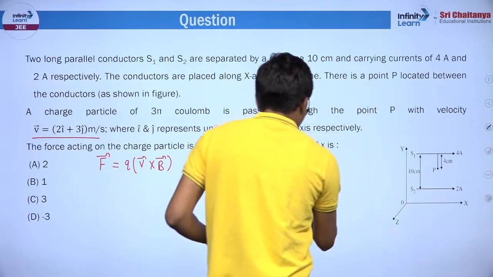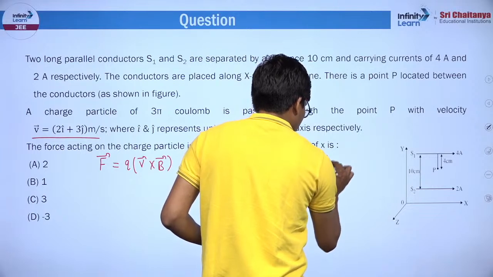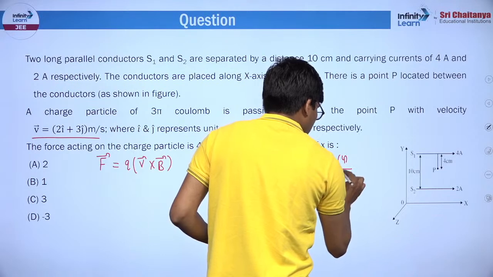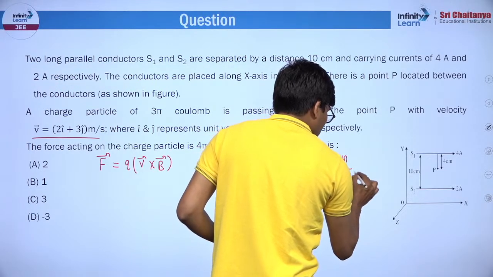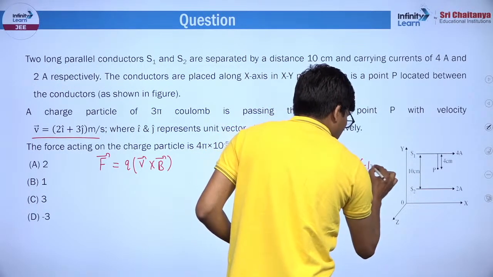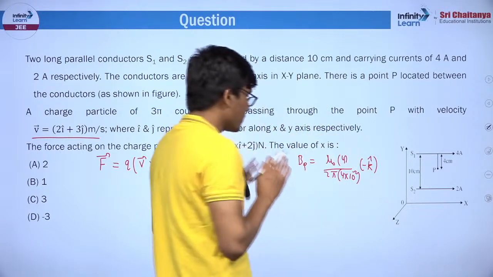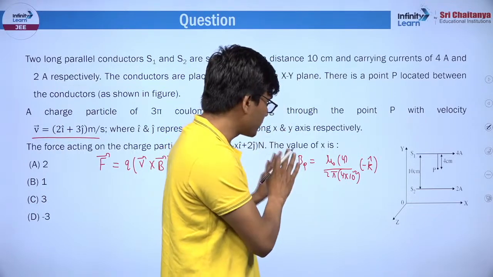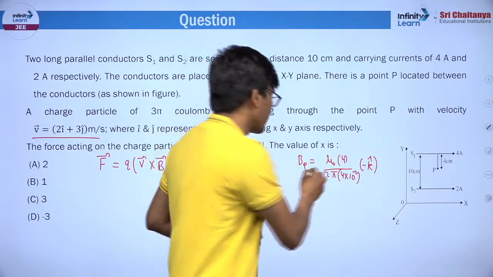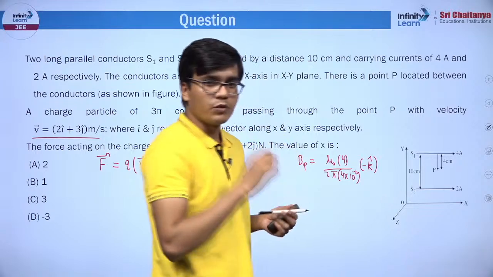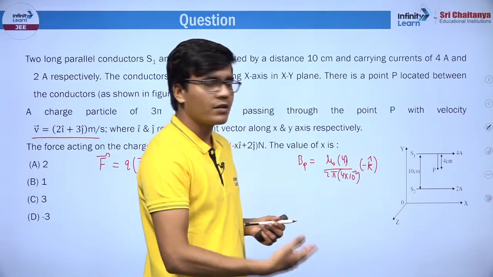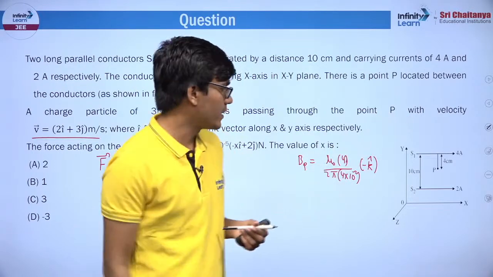So the magnetic field at point P should be mu naught I upon 2 pi into 4 centimeter, and the direction is minus k cap. Please make sure you are applying the formula in proper direction as well as in magnitude. Mu naught I upon 2 pi d is the magnetic field due to a parallel infinitely long wire at a distance r.